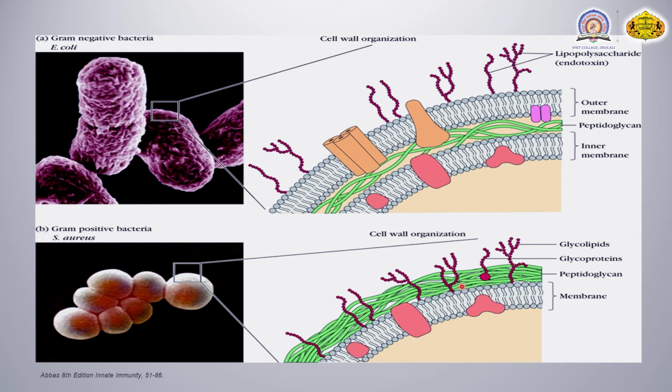So these structures present on their cell surface, this pattern itself, act as a stimulator responsible for the activation of different types of cells of the immunity. Due to that, their multiplication cannot take place and they are destroyed.